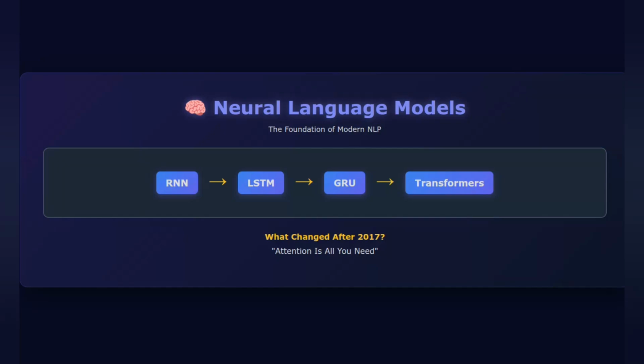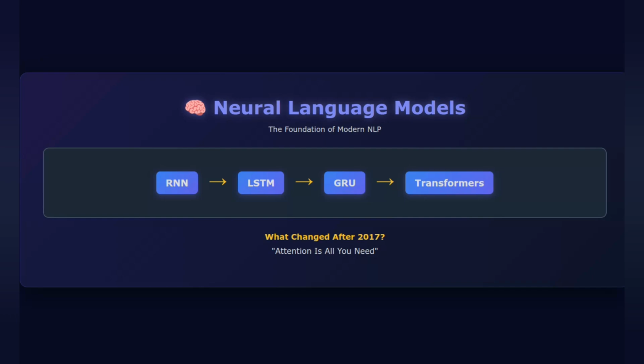I'm so excited about today's video because we're taking a deep dive into one of the most fascinating topics in AI, neural language models. If you've ever wondered how we went from simple RNNs to the powerful language models we have today, like ChatGPT, Claude, and Gemini, this video is your complete roadmap.